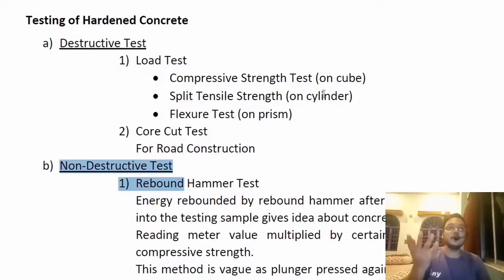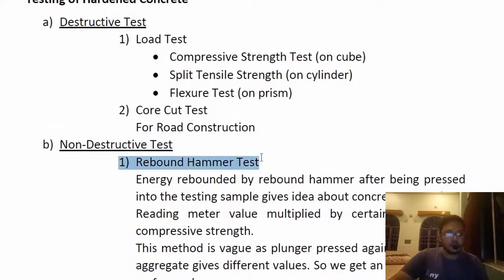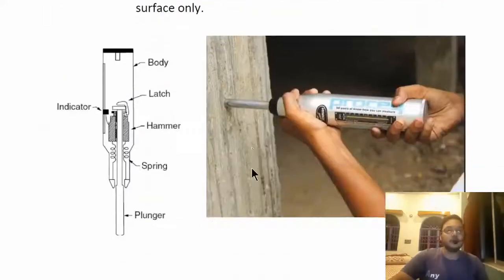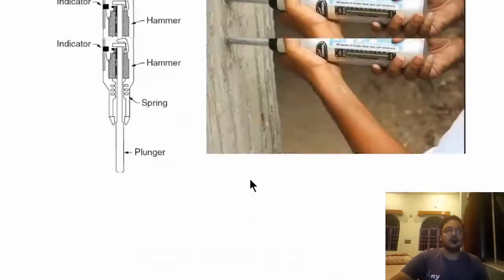For that type of scenario, we use other techniques, where we do not need to destroy the specimen or element, and we still get the load it can take. For this we use two things. One is the rebound hammer, and next is the ultrasonic pulse velocity.